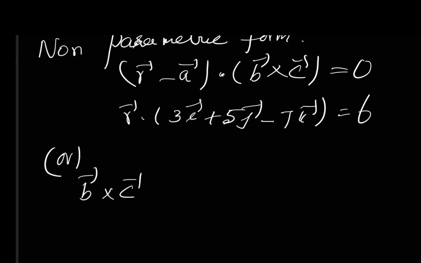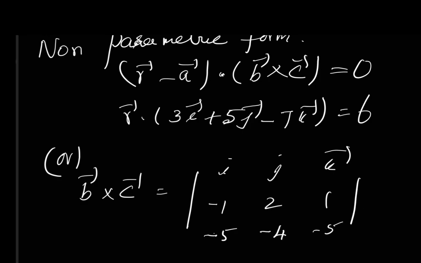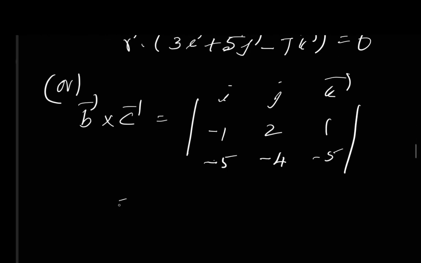Vector b cross vector c is equal to determinant i, j, k. Vector b is here minus 1, 2, 1 and c is here minus 5, minus 4, minus 5. So you find the vector here.